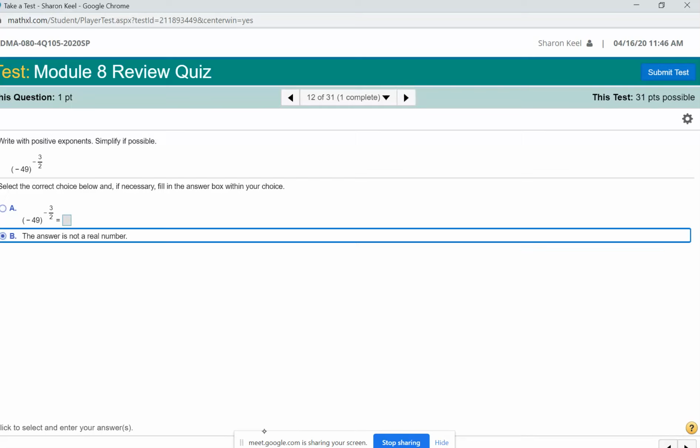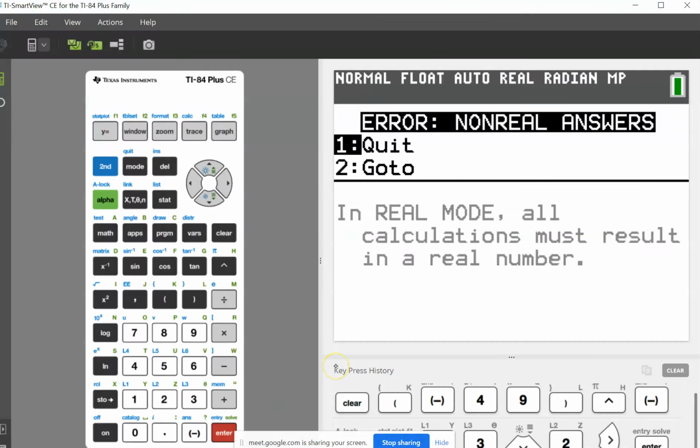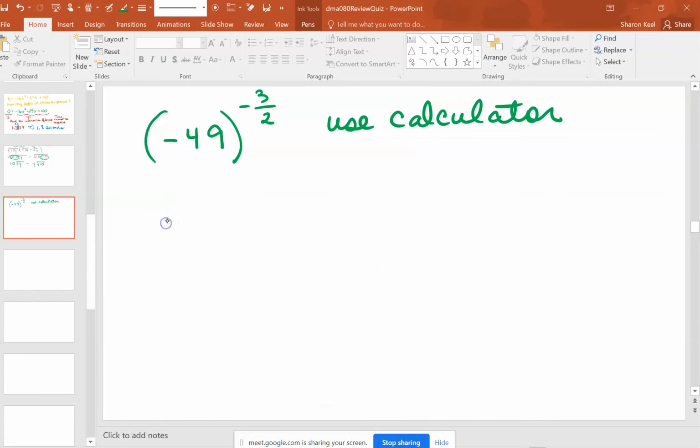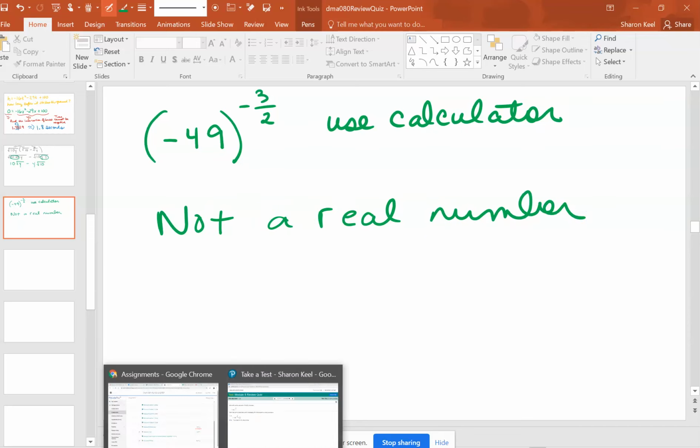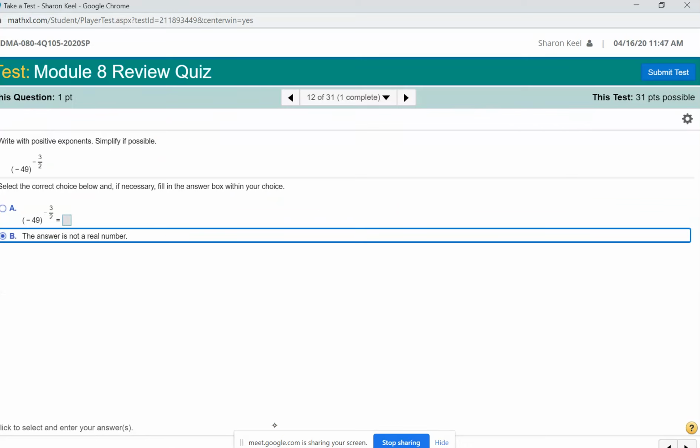So if you type this one in on the calculator, you will see that when you get this error message, what you're going to give for your solution is not a real number. And that's going to be the answer that you choose on the computer. Okay?